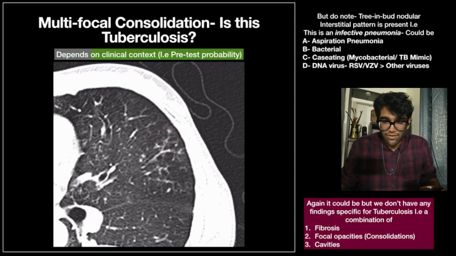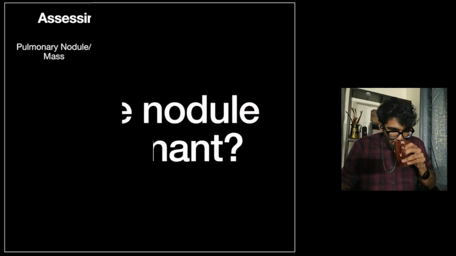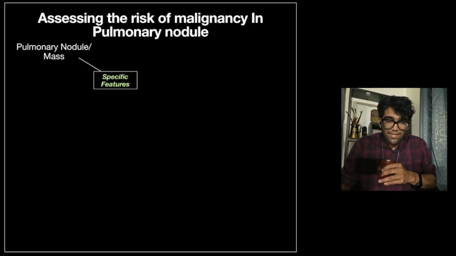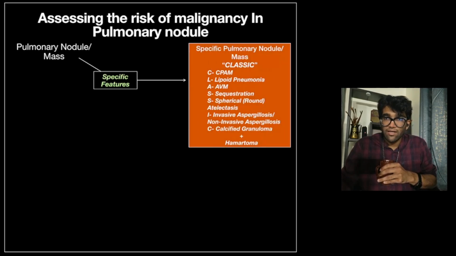So the other question that we need to answer is, is the nodule a malignant nodule? One thing is, there are some pulmonary nodules that have very specific imaging findings. So those are not malignant nodules. So what are they? I use the mnemonic CLASSIC.